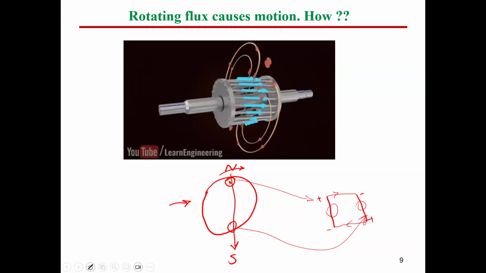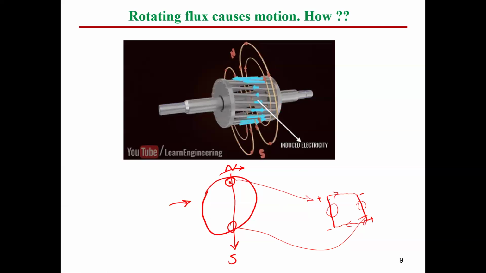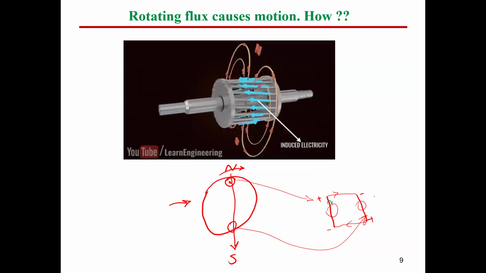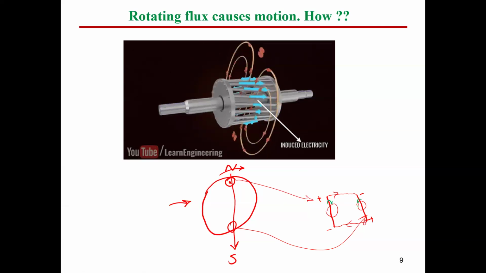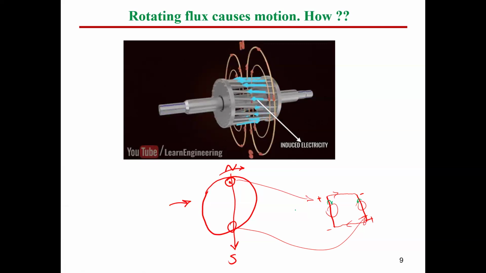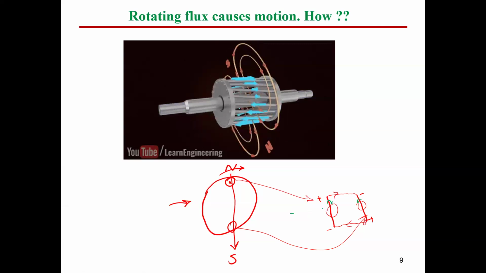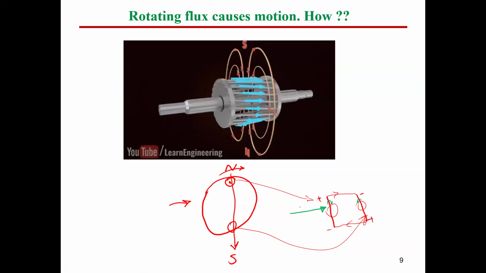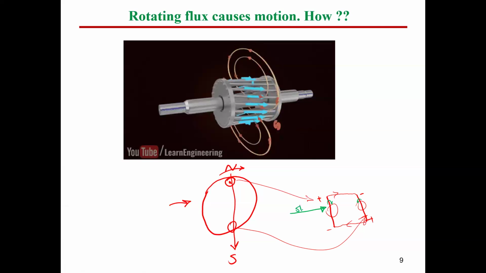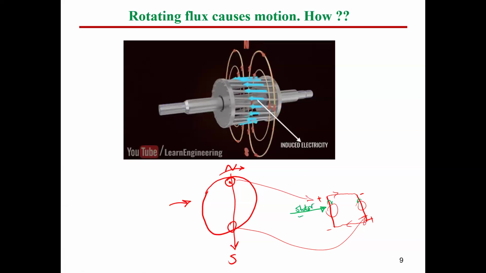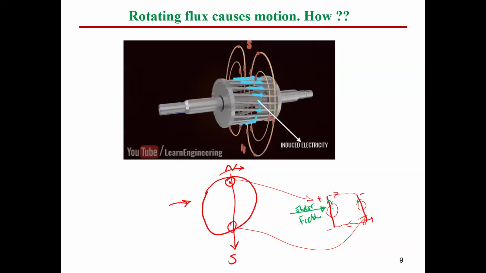And because you have a magnetic field coming from the direction of the stator, this is the stator field, there will be a net flux around every conductor.